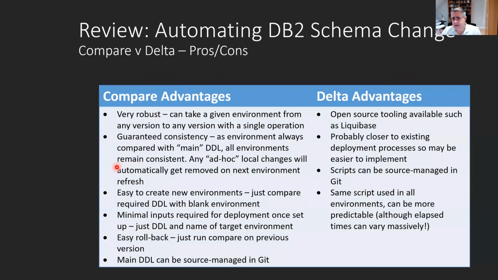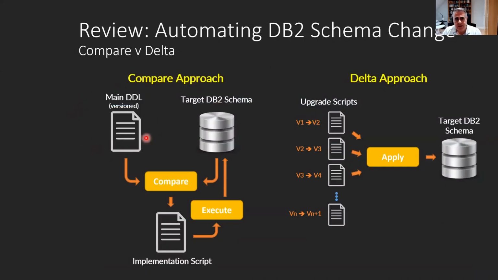We're also guaranteeing consistency because we're always comparing our target to a single version of the truth with our main DDL. It means that we're guaranteed at the end of it to have a schema which is consistent with our reference, our target DDL. And that means that any inconsistencies that may have built up in our schemas over the years, especially in test environments, will all get ironed out as we move through the route to live.